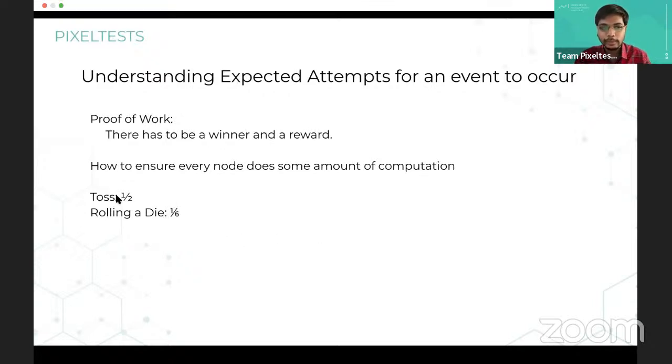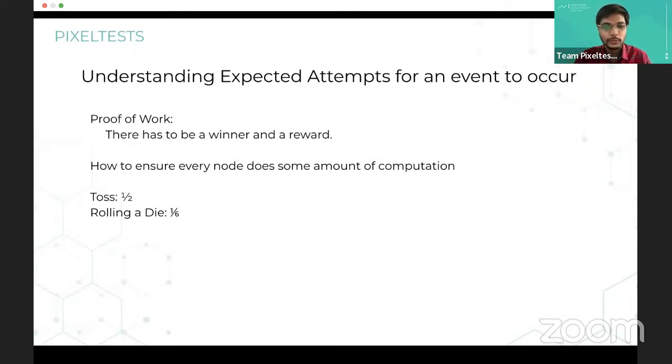Why we are taking these examples of tossing a coin and rolling a die is to understand how many expected attempts would be required. An example taken by the professor in the session is, if you want to roll a one from a die. You have a die in your hand, and to move ahead in the game, you have to first roll a one.